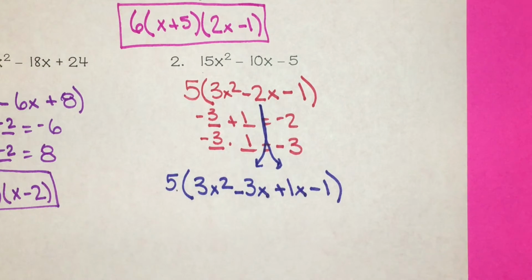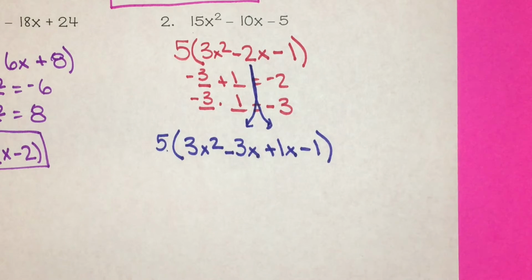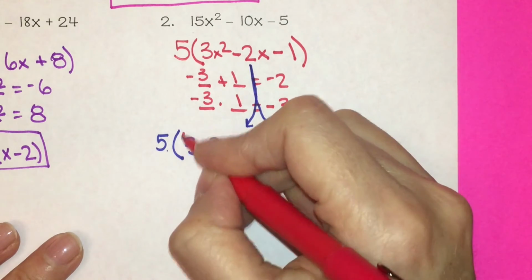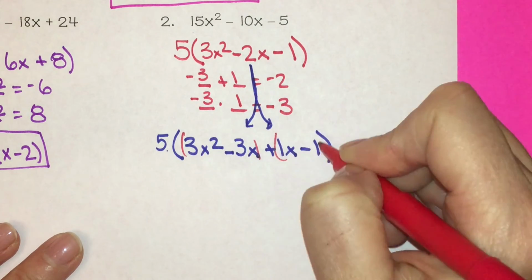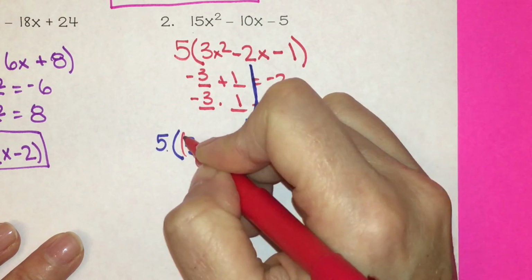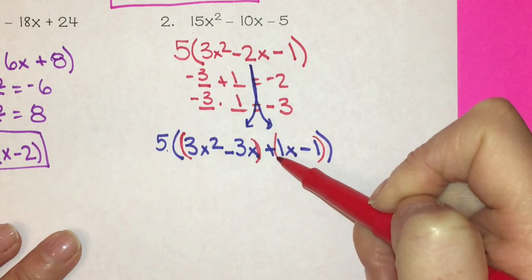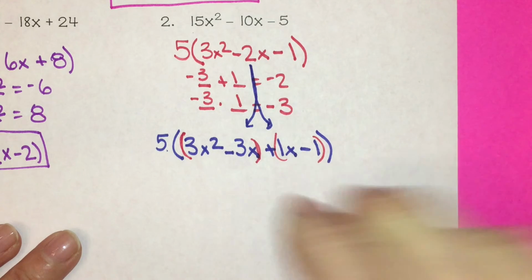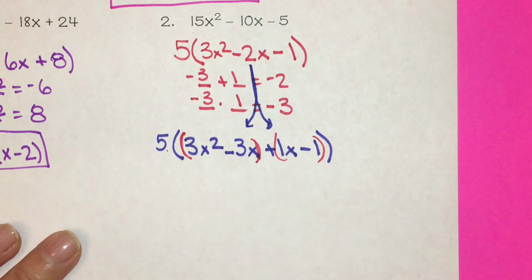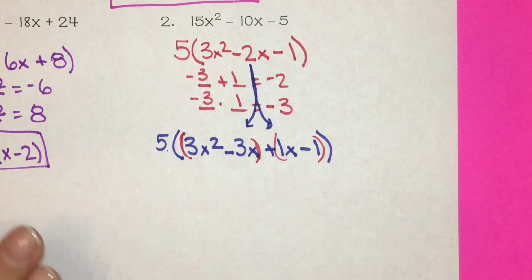Right, all that's multiplied by 5, so now I'm going to put parentheses around the first 2, around the last 2, and again, it doesn't matter if you did plus 1x plus -3x, like if those two middle terms were reversed, you're still going to get the same answer that I get.